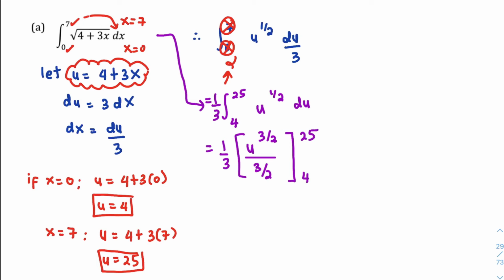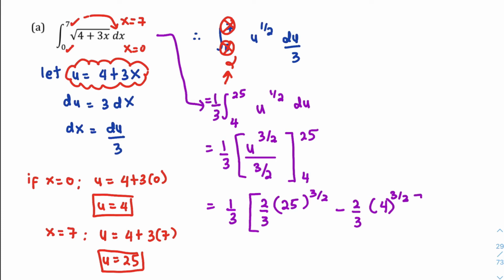Then you simply substitute into u. You have 1/3 in a big bracket. Now 3 over 2 becomes 2/3. Substitute 25 to the power of 3 over 2 minus 4 to the power of 3 over 2, all multiplied by 2/3. Be very careful about which bracket you need to multiply: this is 1/3 to the whole thing.